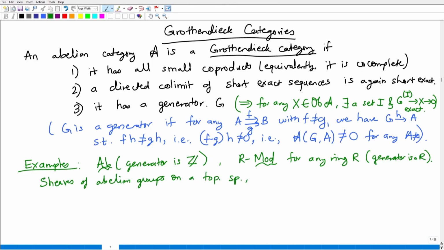The power of a generator is also called a copower, I would say, not power. Copower means coproduct of some index family. So sheaves of abelian groups on a topological space, or sheaves of abelian groups on a site, on a Grothendieck site.